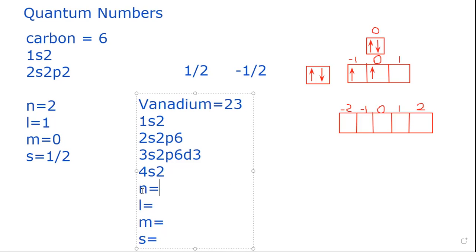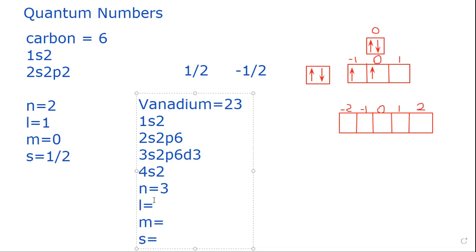What is the energy level where you place the last electron here? It's 3. Remember, we did 3d3 here. This 3 is not because you have 3 electrons here. This 3 is because it's in the 3rd energy level, all right? Don't be confused.